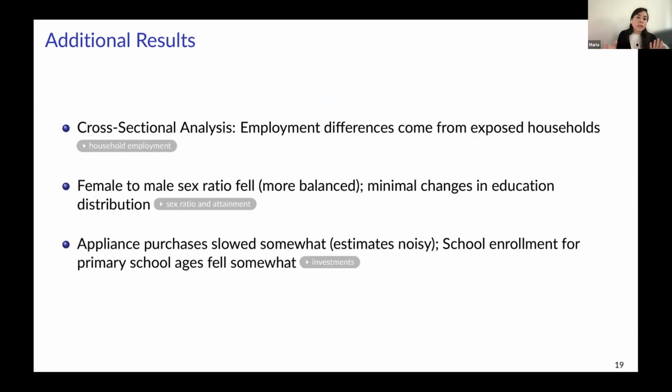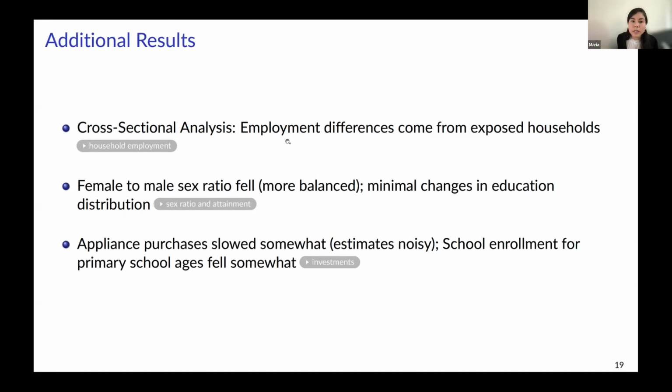So for additional results, we perform a cross-sectional analysis to further support our labor market results, because that is an analysis at the regional level, and we assume that those results were coming from households that had a migrant in the US.